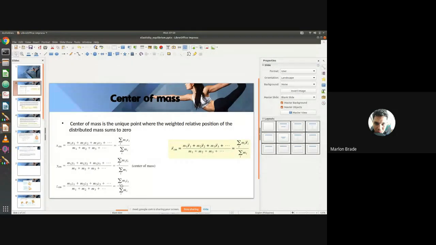Compactly, it can be written as the summation of m_i z_i with index i divided by the summation of all the masses. And we will define what we call RCM.